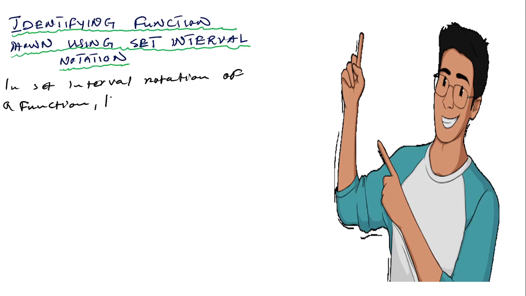So the first one is A. Let's say you have open brackets, 1, 2, then comma, you have 2, 5, and then you have let's say 3, 7, and then close brackets.